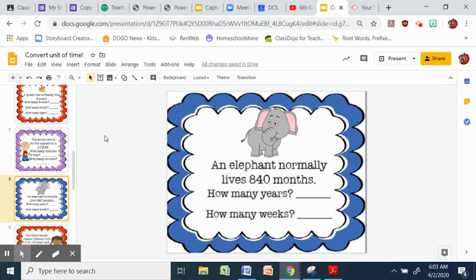You know that little sign that says view assignment? You view your assignment and then you click turn in. But do not turn in until you have answered all of these questions.